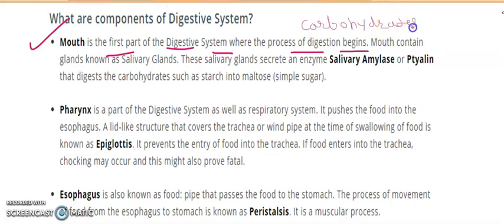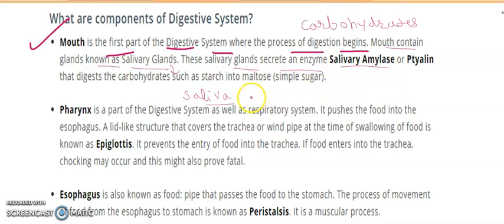The mouth contains glands which are known as salivary glands. If the word gland is there, that means they are going to secrete something. Salivary glands secrete saliva, as the name itself indicates. These salivary glands secrete an enzyme, salivary amylase.